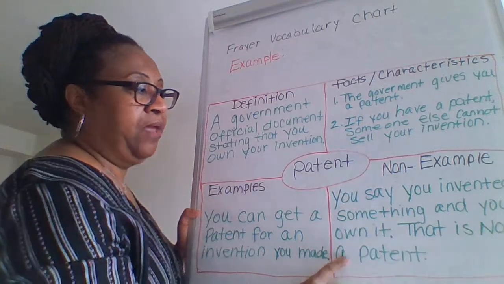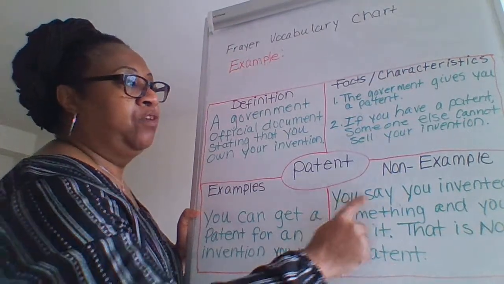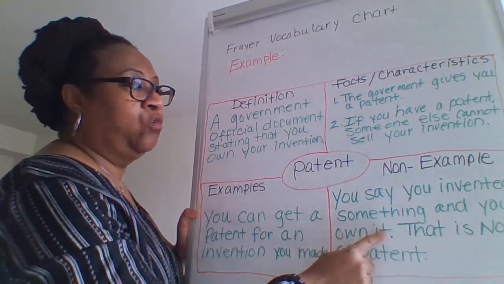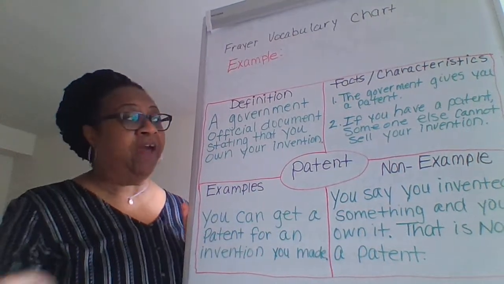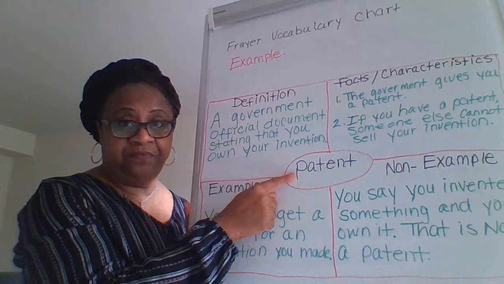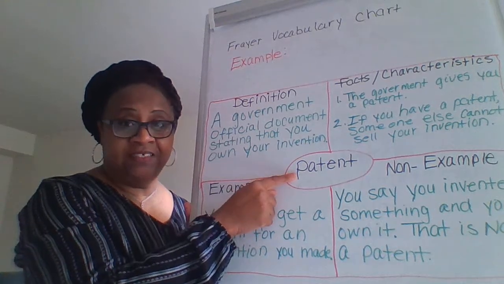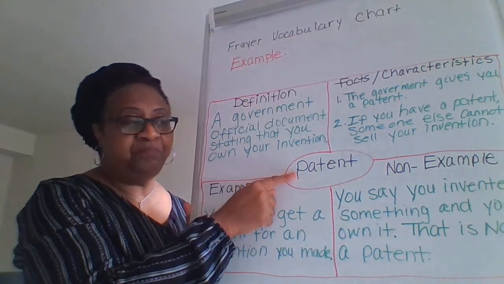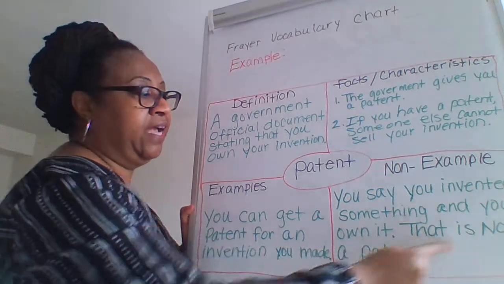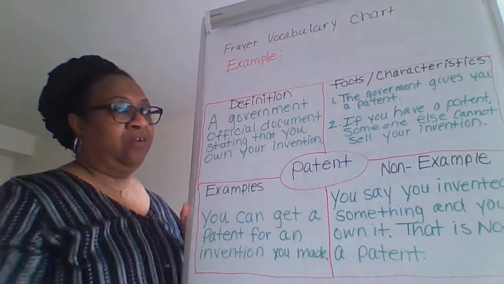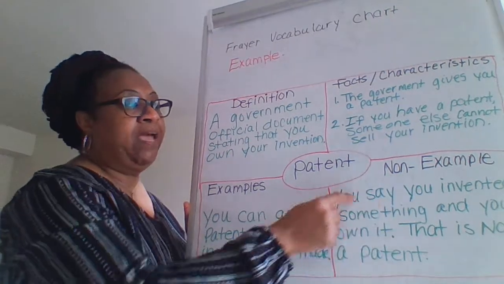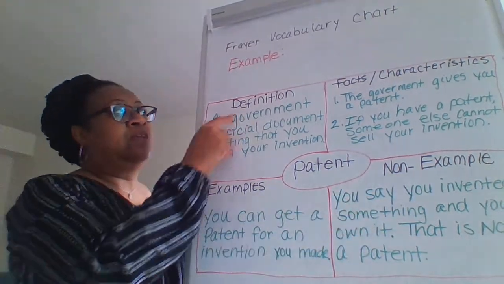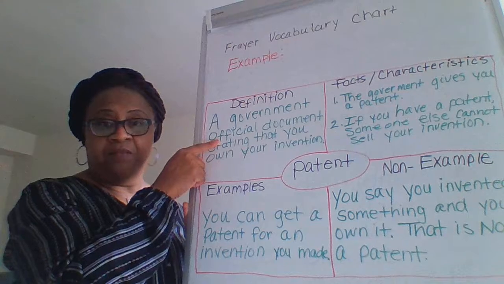That is not a patent. If you say you invented something and you own it, you will own it after you get the patent. Then it's protected and you have ownership. That is not a complete patent until you get this government document.